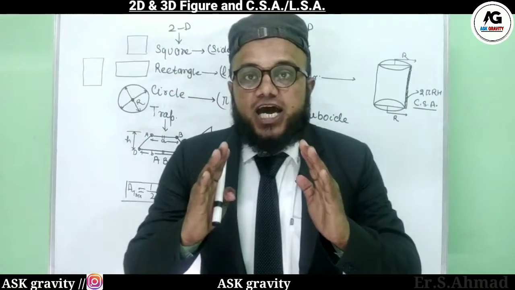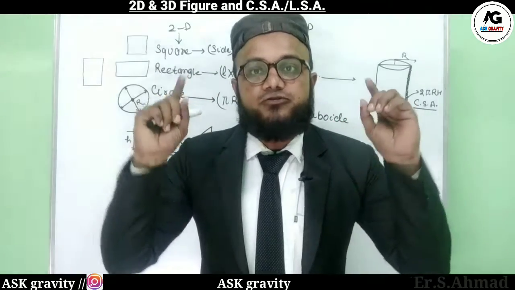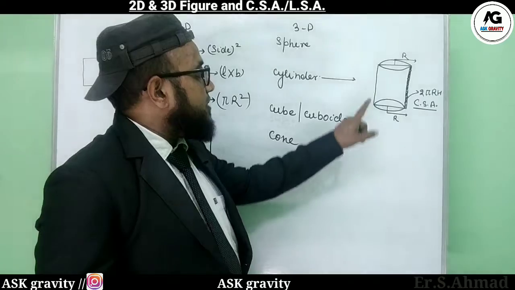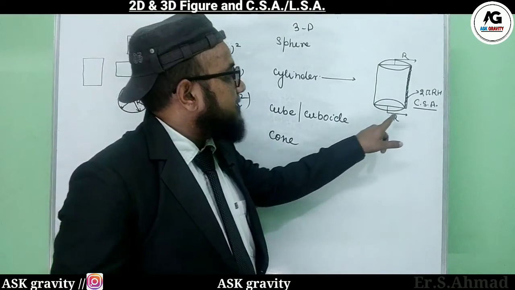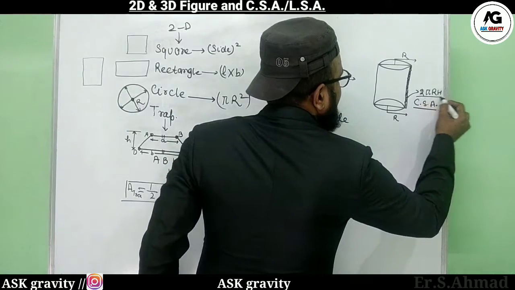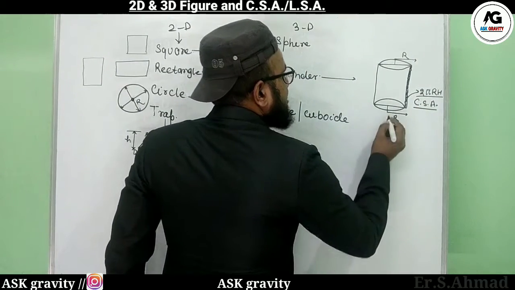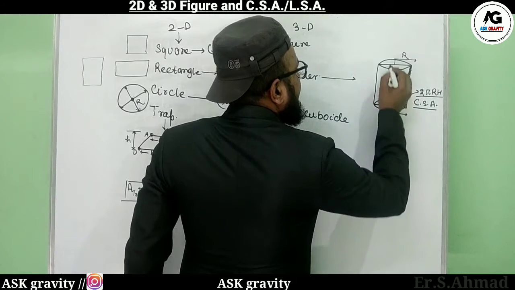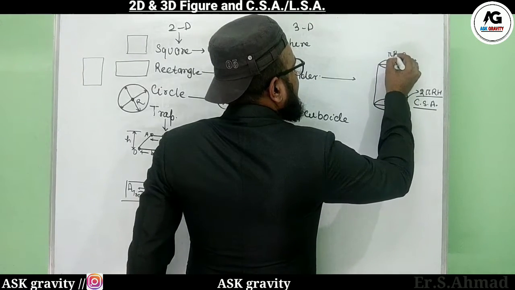We have to calculate the area for the form of a cone, which is a three-dimensional figure. But in the cylinder case, we calculate the curved surface area using the formula 2 pi r h, and the base area is pi r square here and pi r square here.